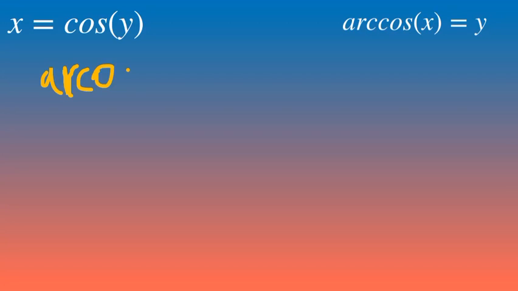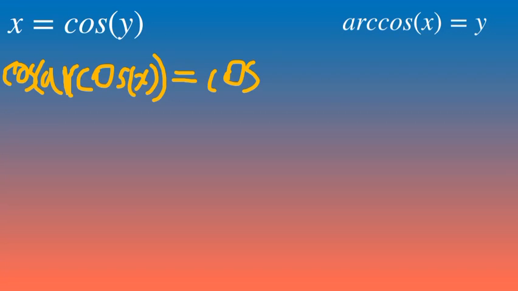Because arc cosine of x, and the cosine of that, equals cosine of y. Well, this is just x, because this is basically the definition of arc cosine.